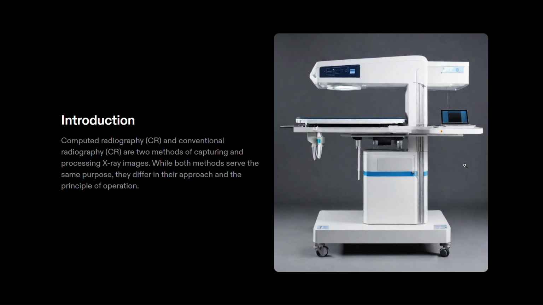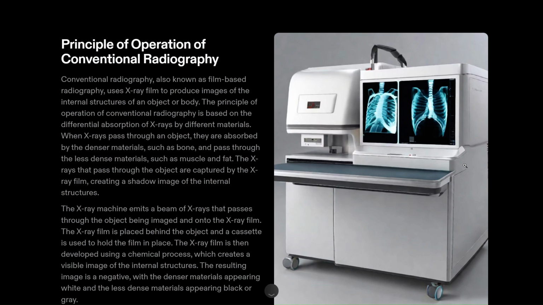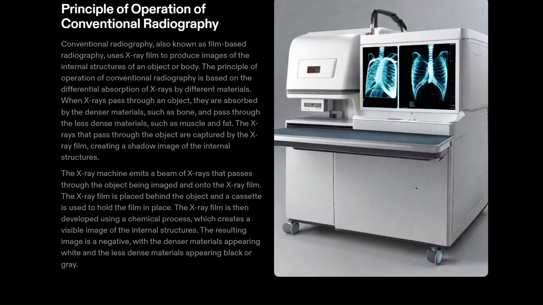Next, we are going to see the principle of operation of conventional radiography. Conventional radiography, also known as film-based radiography, uses X-ray film to produce images of the internal structure of a body or object.